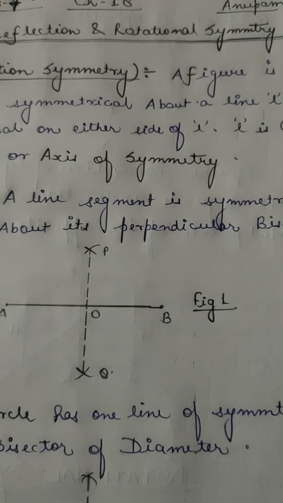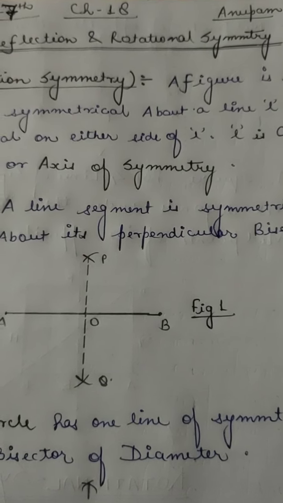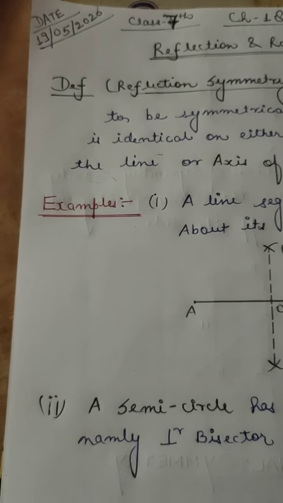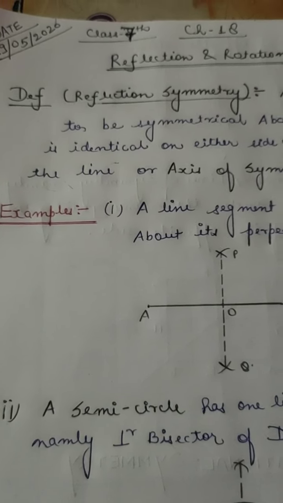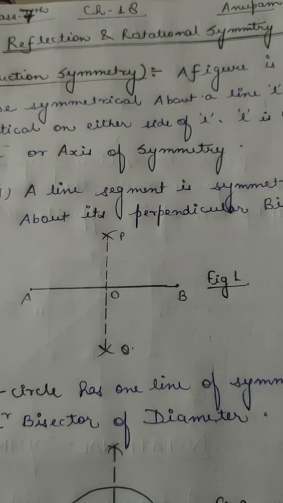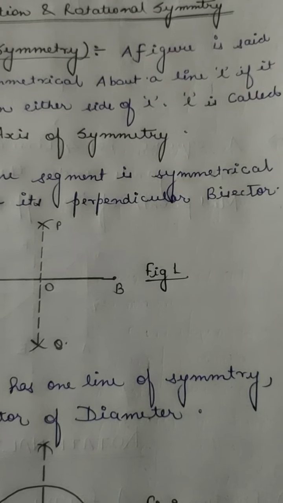So then the mirror is said to be the reflection symmetry of your face. So we will see some of the examples regarding reflection symmetry that will make you clear about the topic.